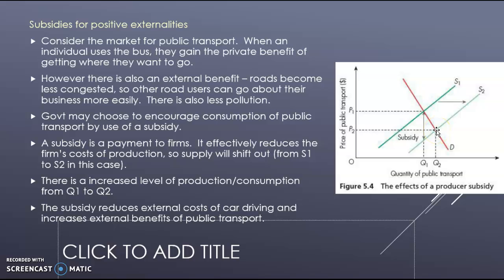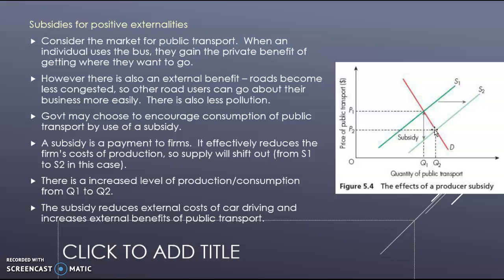However, that doesn't come at no cost. As always, with decisions, there's an opportunity cost. Now, the value of that subsidy would be the quantity Q2, the new equilibrium quantity, multiplied by the per unit value of that subsidy.